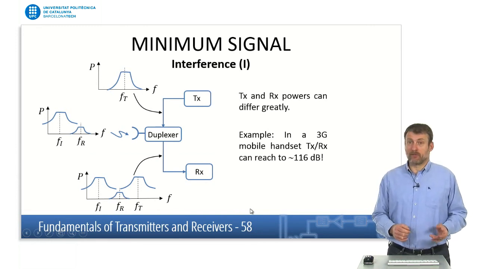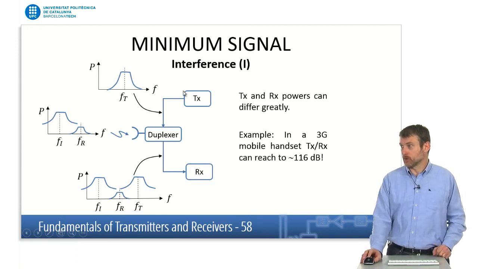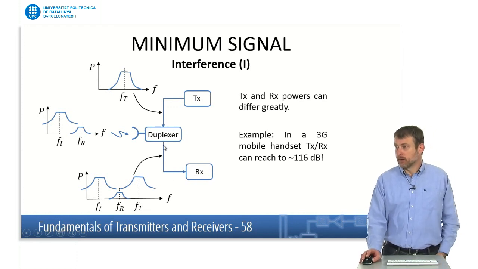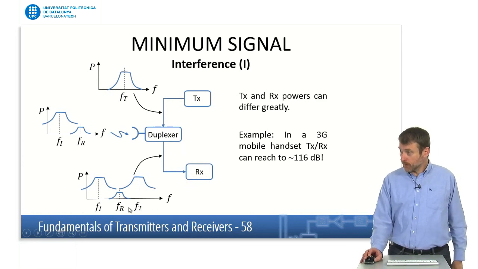Also, we can have a scenario where we have interference, and this is qualitatively shown in this slide. We have a transmitter chain and a receiver chain, which may be connected by a duplexer. In the receiver chain, I show the received signal.